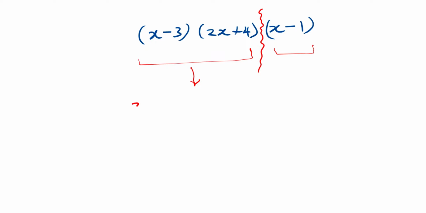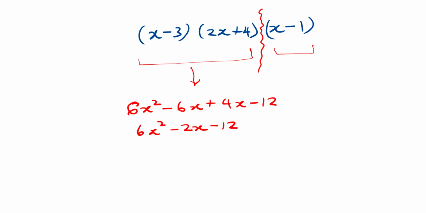So 6s squared minus 6s plus 4s minus 12. So let me first simplify. I'm going to get 6s squared minus 2s minus 12.